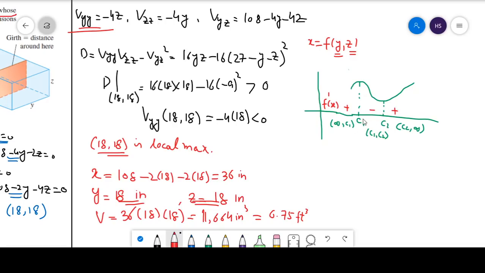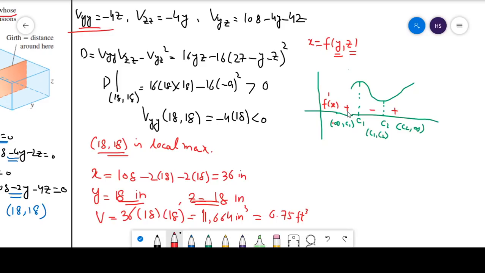What you do is you divide your domain according to these critical points. If your whole real line is your domain, that would divide your real line into three subintervals: minus infinity to c1, c1 to c2, and c2 to positive infinity. Then you check the sign of the derivative by taking some test values.